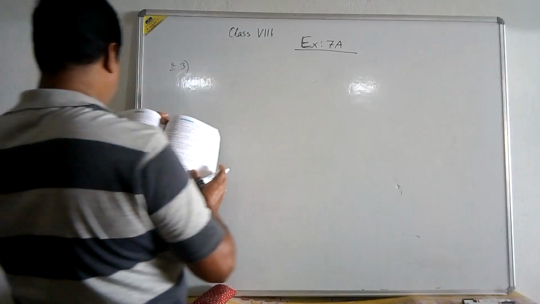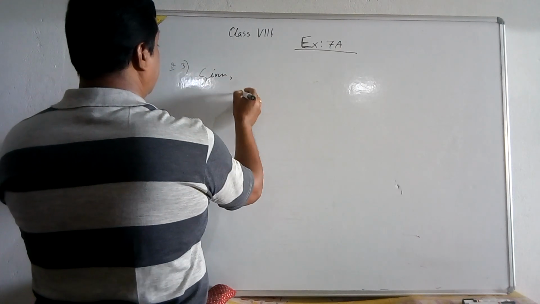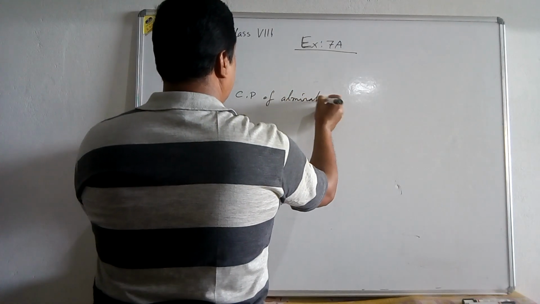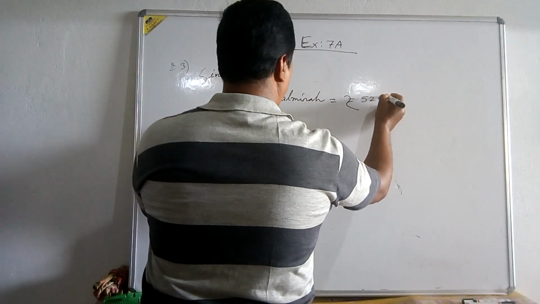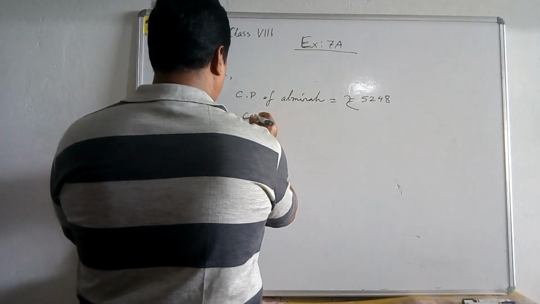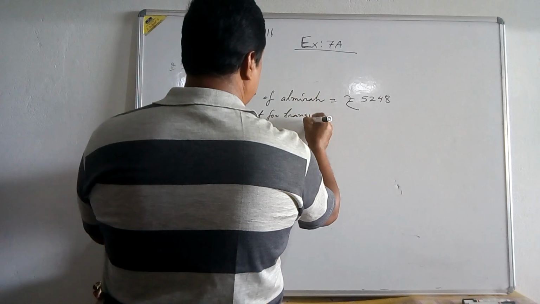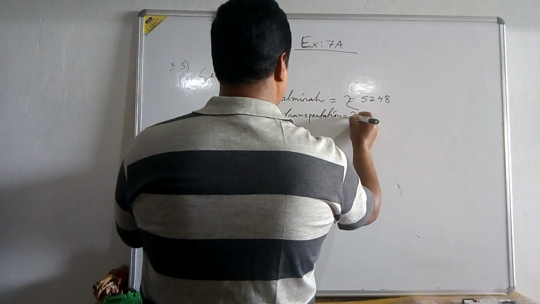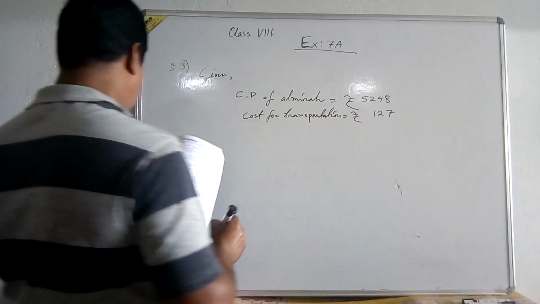Question number 3. What is given? Given cost price of Almira equal to rupees 5248. Now cost for transportation is equal to rupees how much? 127.